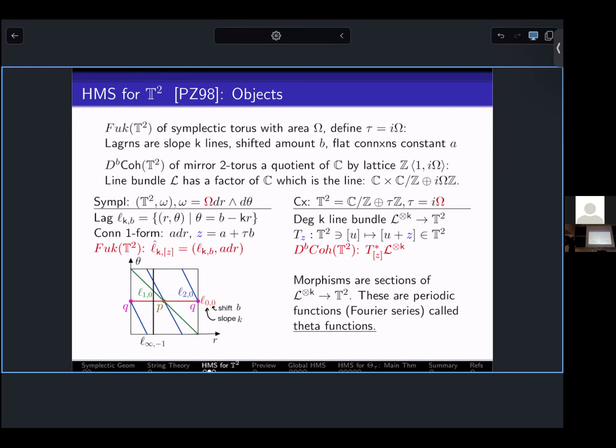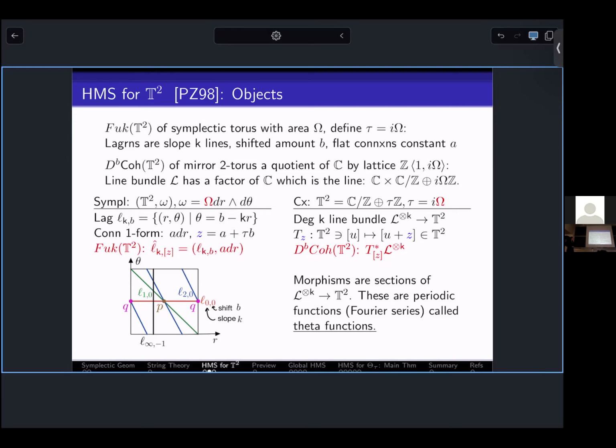This is a number because, let's say we didn't have Z, let's say we just had theta equals minus KR. Well, there's a lot of degree K line bundles, and we'd like to say that we know what the mirror of all the degree K line bundles are.